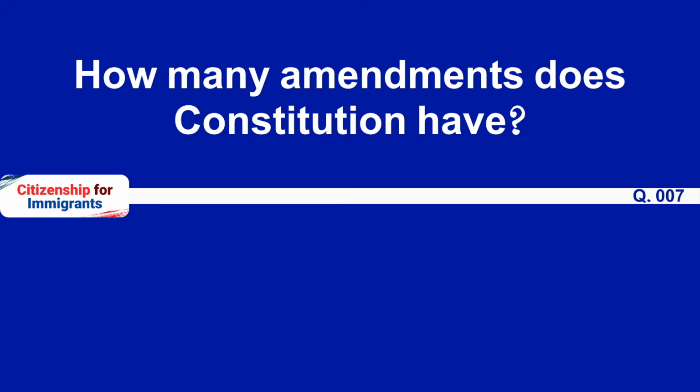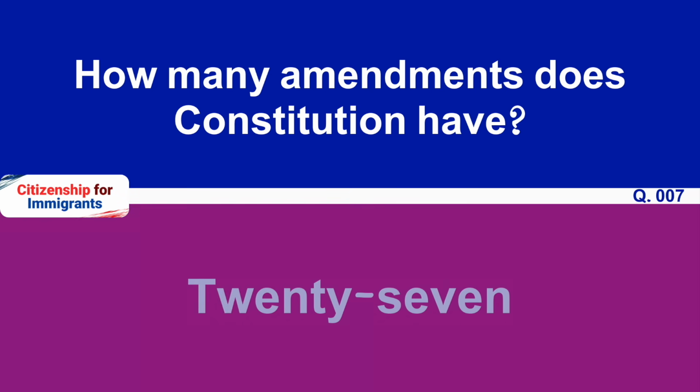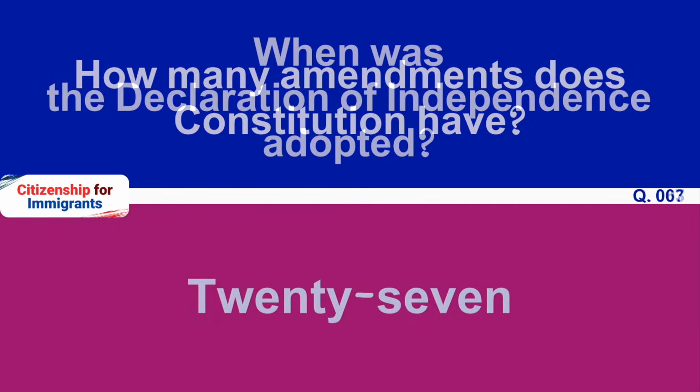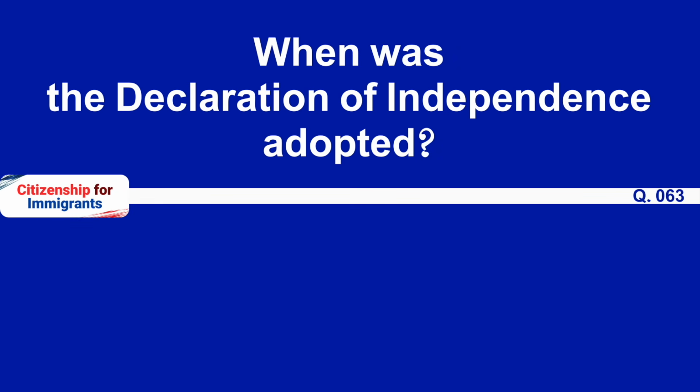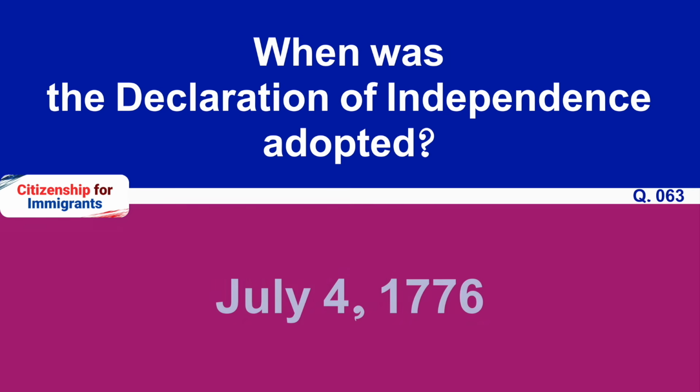How many amendments does the Constitution have? 27. When was the Declaration of Independence adopted? July 4, 1776.